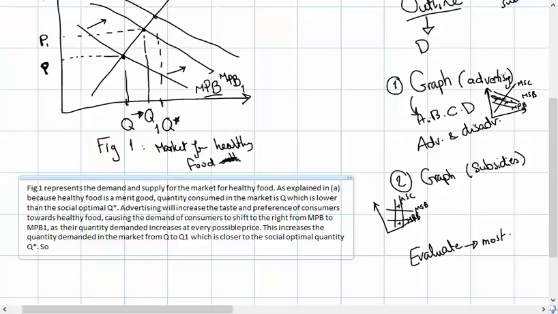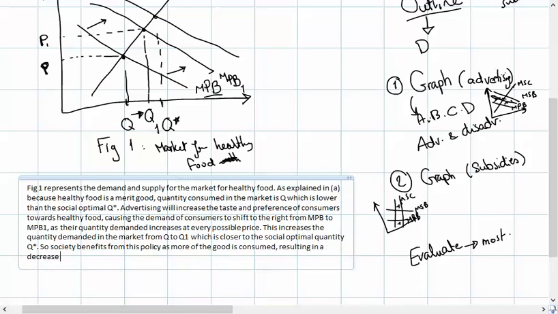So, advantages: society benefits from this policy as more of the good is consumed, resulting in a decrease in the welfare loss to society from the area.